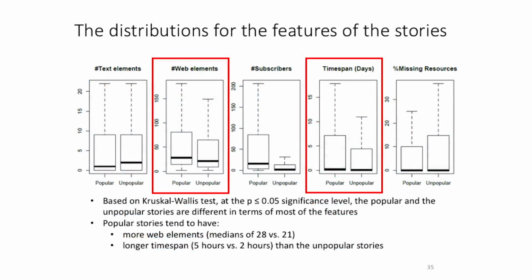And we analyzed a bunch of characteristics of the story. Basically, the punchline is we could tell the difference. The popular stories had a median of more resources. They typically would have 28 resources instead of 21 resources. And the editing time that people spent putting those stories together was significantly longer.